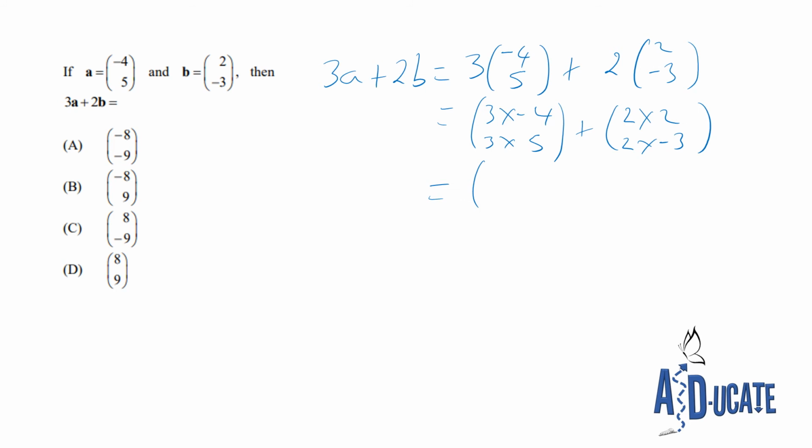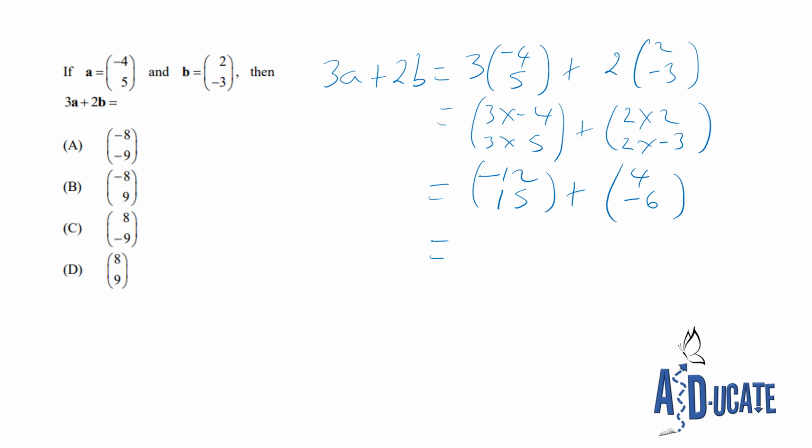So we continue. 3 times -4, that would be -12. 3 times 5, that would be 15. Plus, on the right side here, we have 2 times 2, that would be 4. 2 times -3, that would be -6.